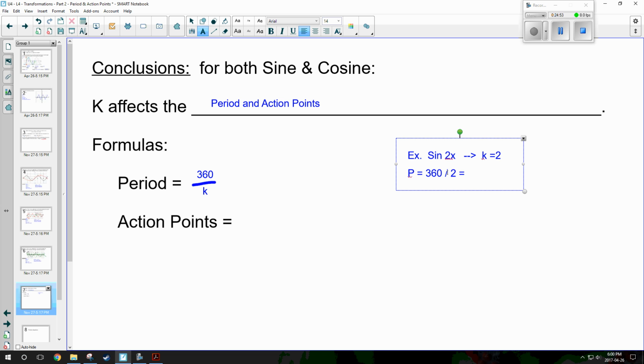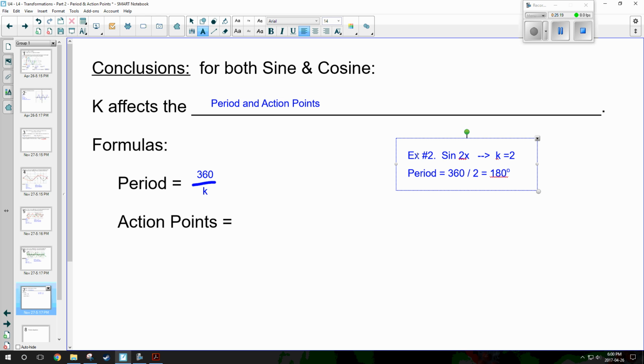If we divide 360 by 2, we get 180 degrees, which from example number 2, we had a period of 180 degrees. So that's the formula for period.